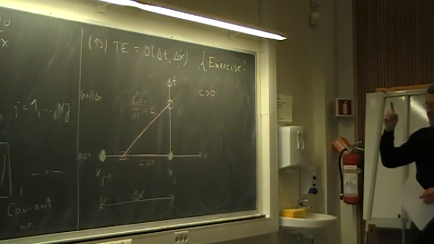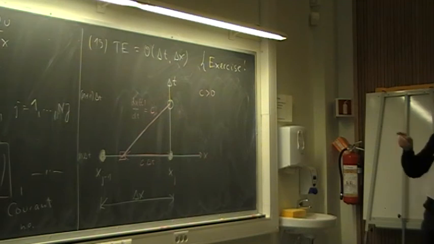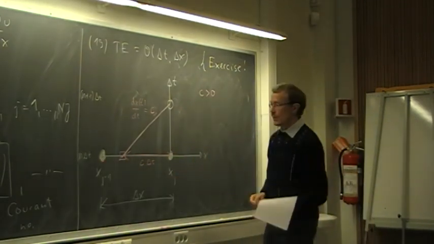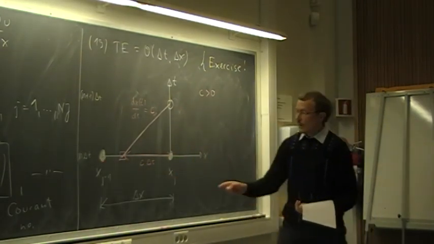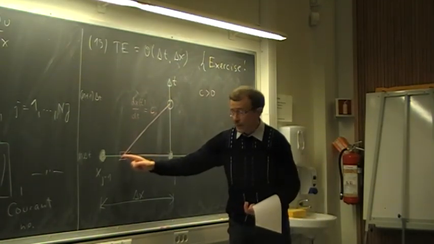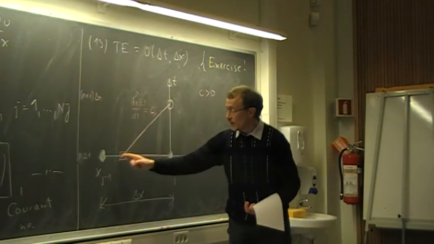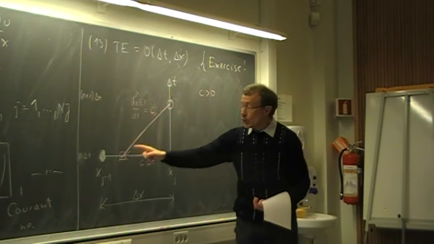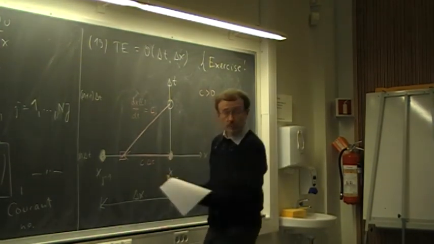So therefore we can argue, in order that our scheme should make sense, using these points for computing the solution, the exact solution, that is the origin of the characteristic going through the value that we want to compute, should be within this interval.